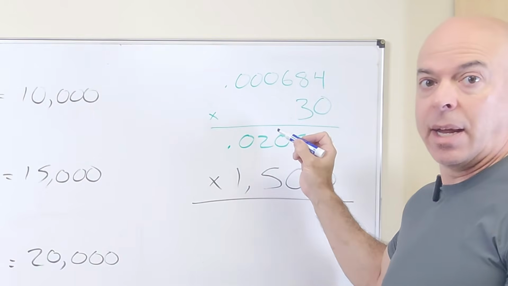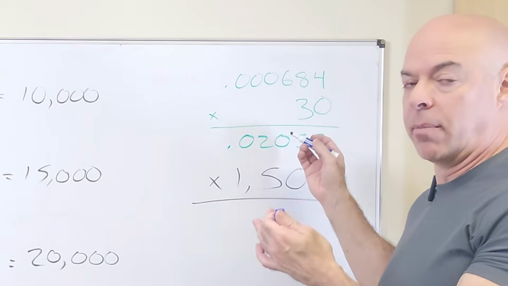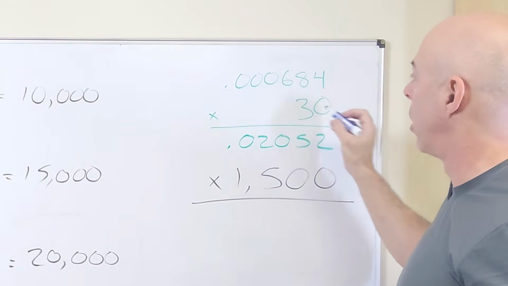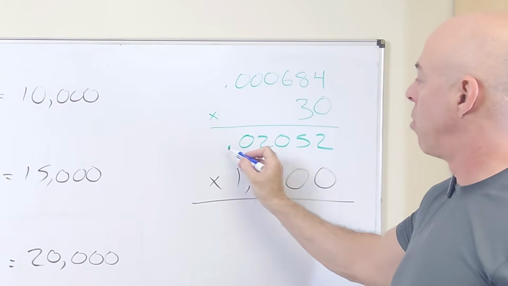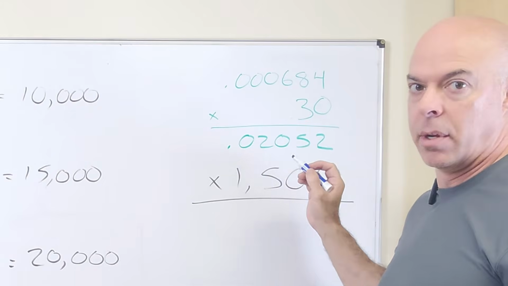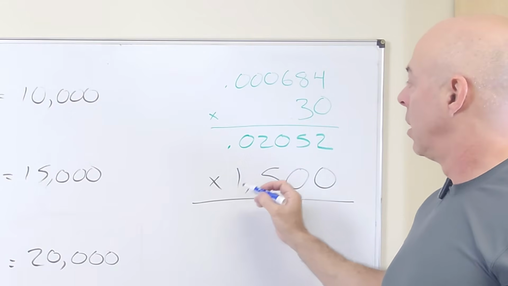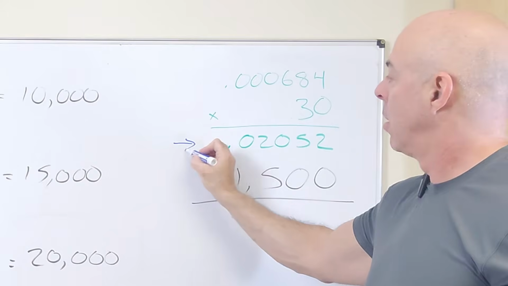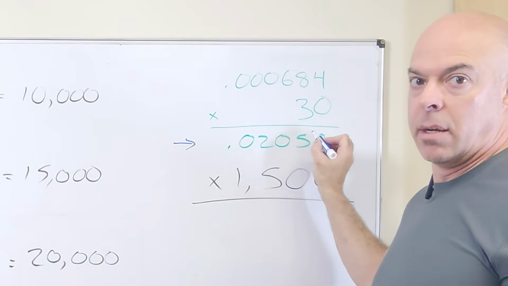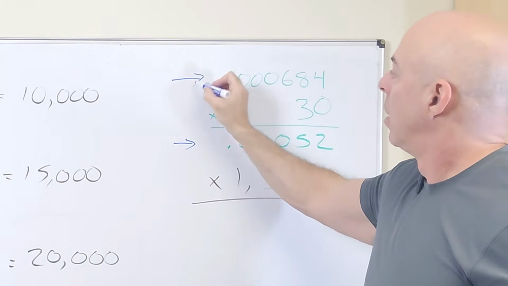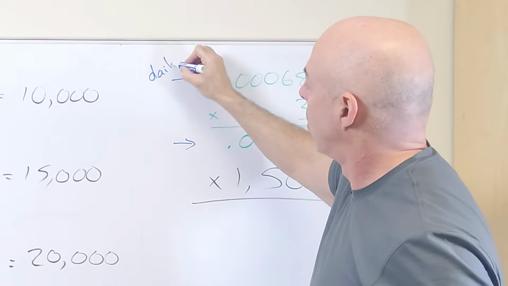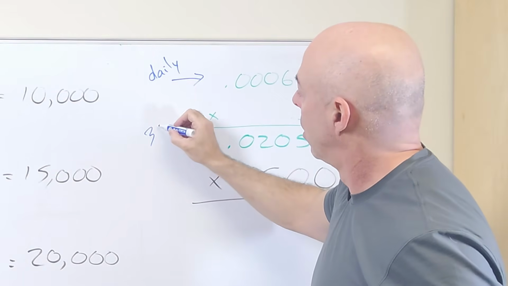If there were 28 days, or if there were 29 or 31, you would have a different number here. So you multiply that by 30 and you get 0.02052. So this is our 30-day interest rate, instead of the daily interest rate that we calculated, and this is our 30-day.